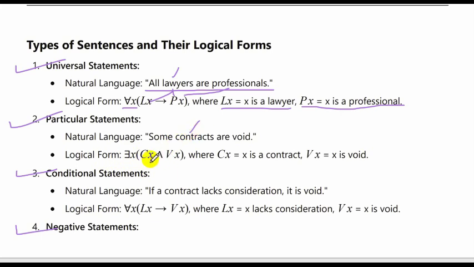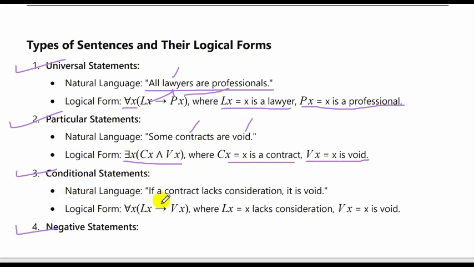Contract stands for X, CX stands for X is a contract, and VX stands for X is void. So how do we read this? We read this as for some X, X is a contract and X is void.